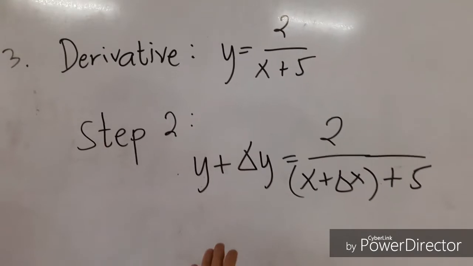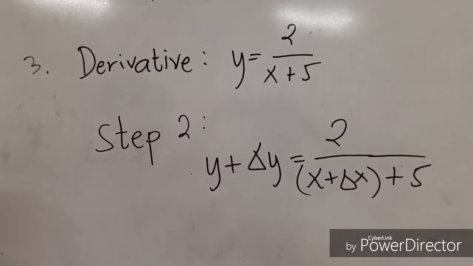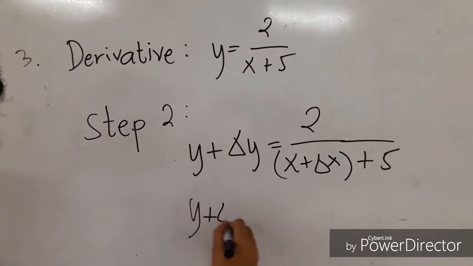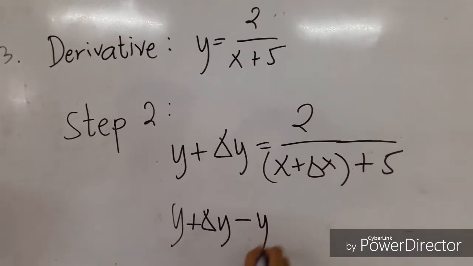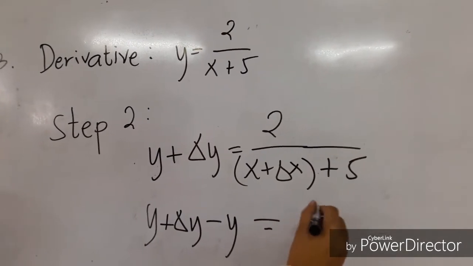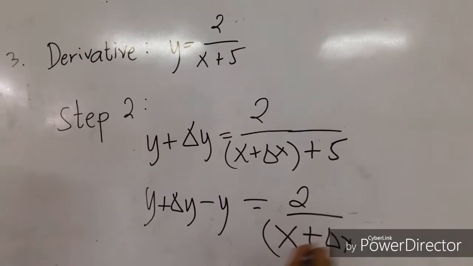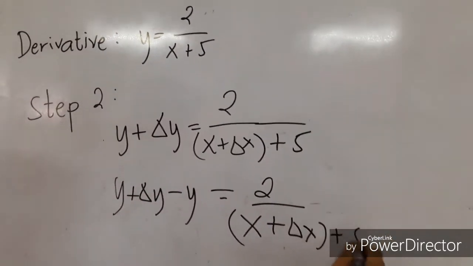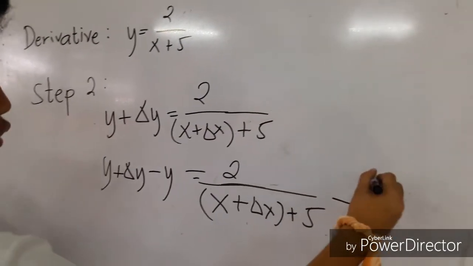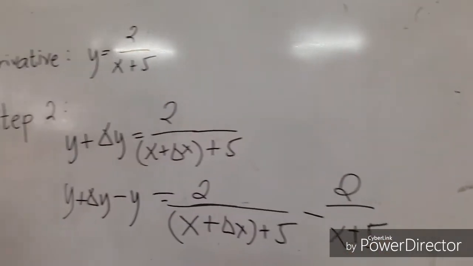Step 2. In order to find delta y, we subtract the given equation from the newly obtained equation in step 1. So, y plus delta y minus y is equal to 2 over (x plus delta x plus 5) minus 2 over (x plus 5).